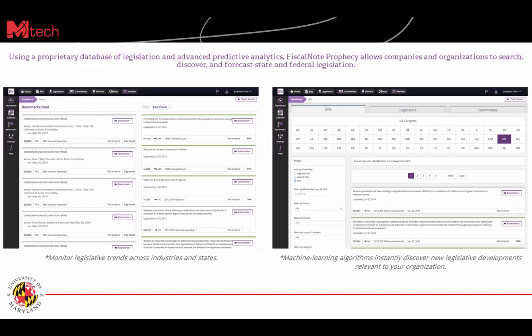How many companies are out there that are using some measure of big data and machine learning and analytics to examine state and federal legislation? For me, the answer was not many, arguably none, the way that they're doing it. So they're very much on the front end of this market.